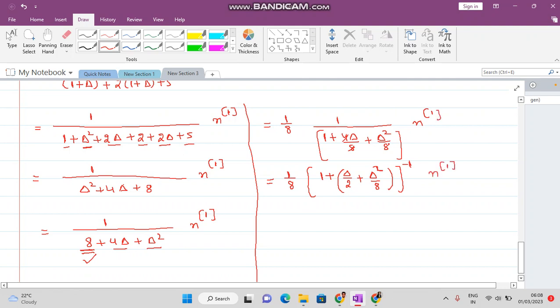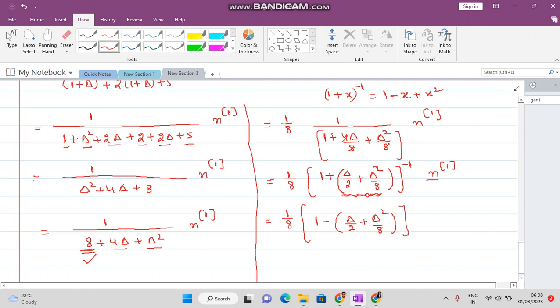So what is the binomial expansion of (1 plus x) raised to the power minus 1? The expansion is 1 minus x plus x square. So when you apply the binomial expansion, you get 1 minus x, where x is delta by 2 plus delta square by 8. We do not require the next term.